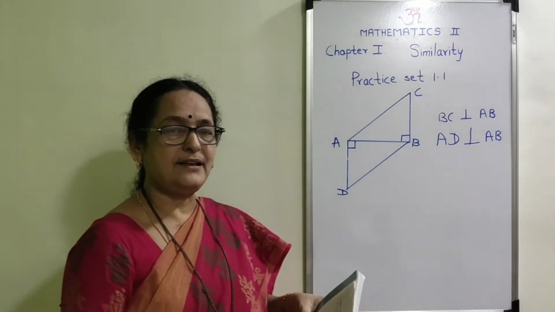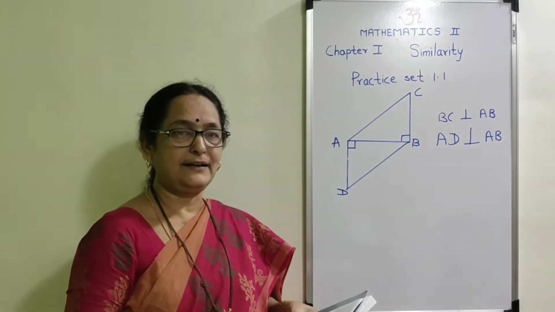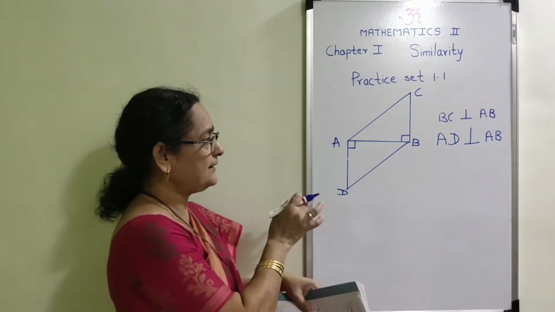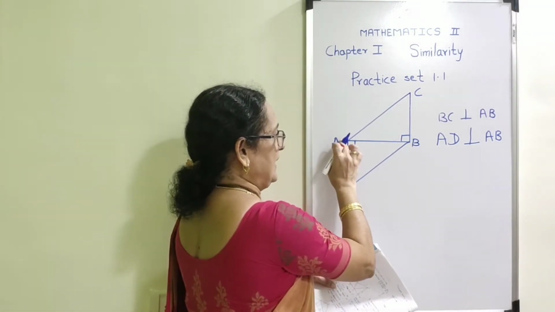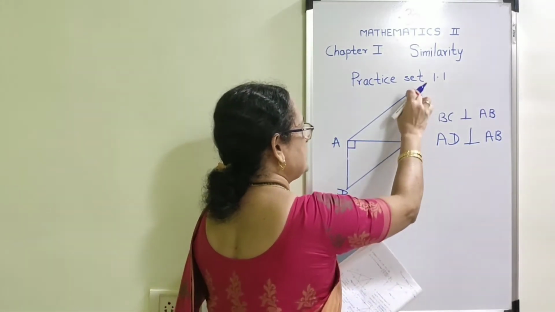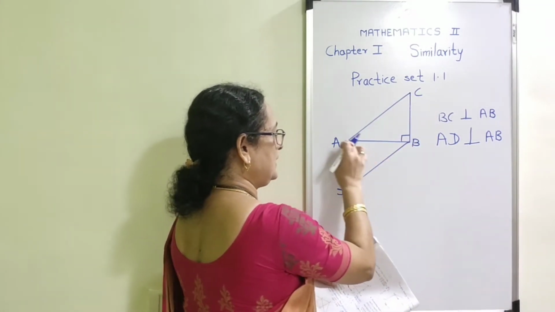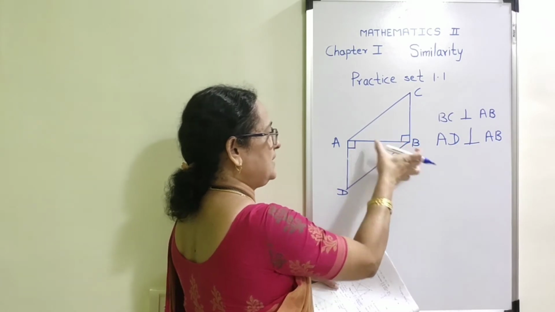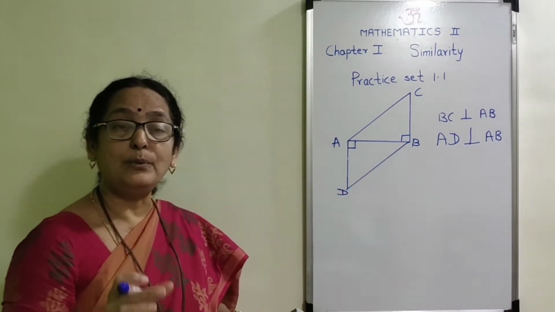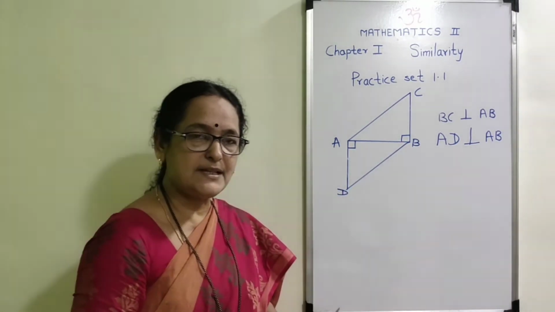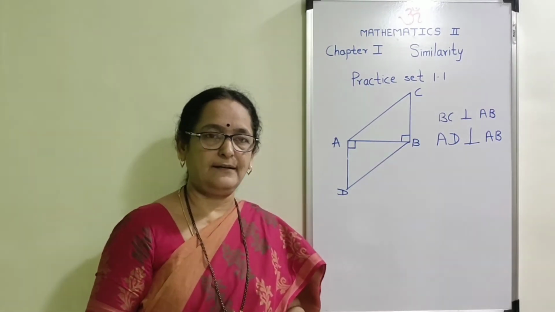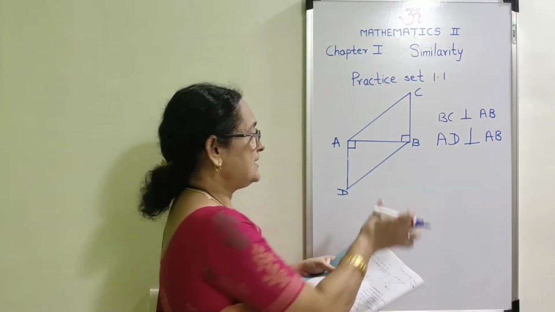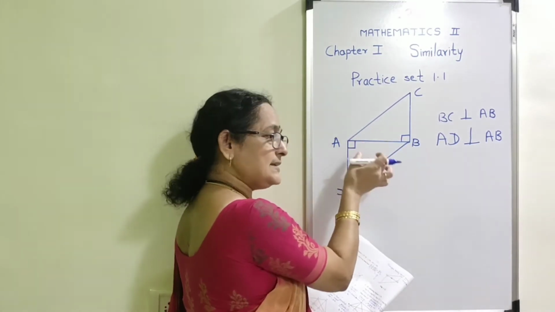But since the given triangles are right angle triangles, if I look the triangle as triangle ABC and triangle BAD, then this segment AB is the height of both the triangles. That means since the given two triangles are right angle triangles, AB is common base.